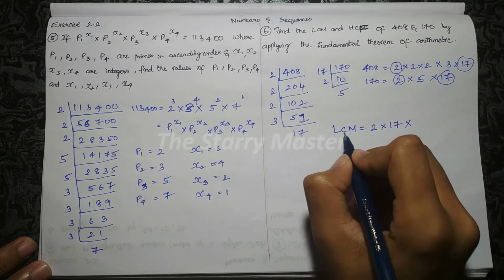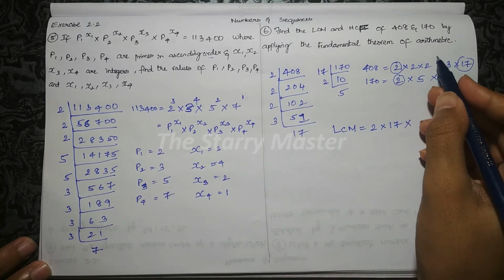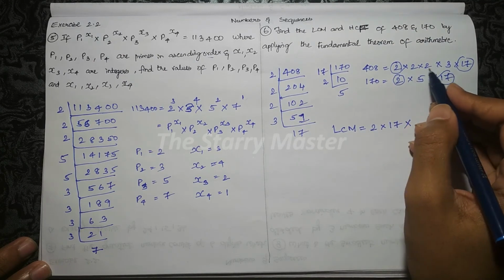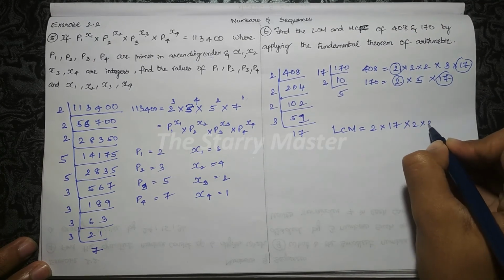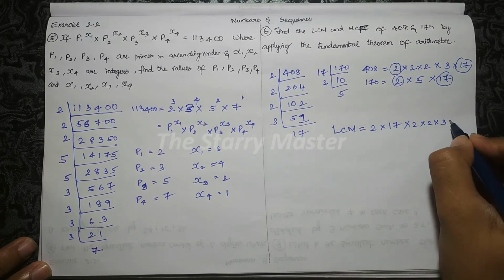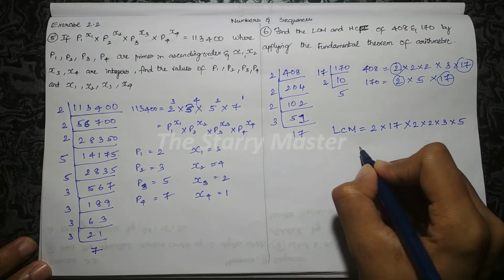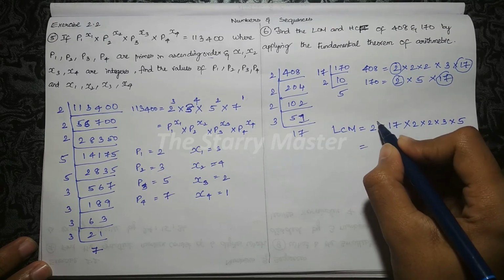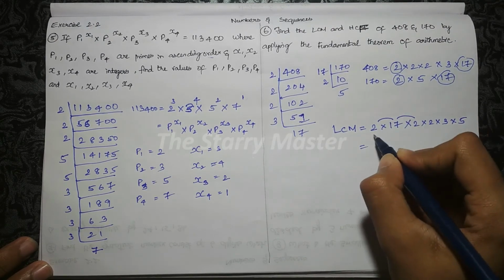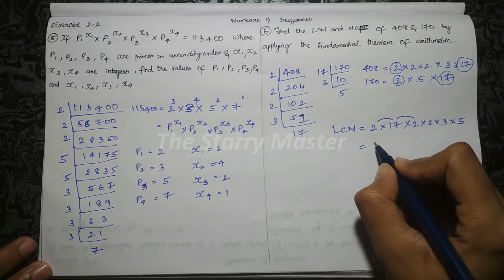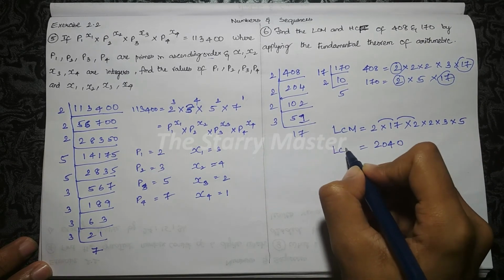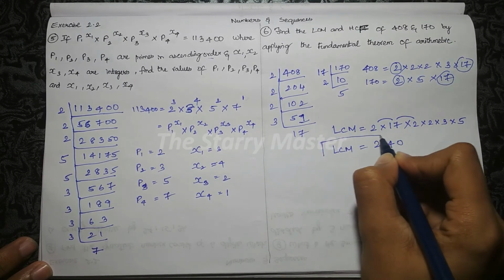For the LCM we also have to write all the values left out: 2 into 2 into 3 into 5. So the LCM is 2 into 17, 34, 34 into 60. We multiply all these values and we get 2040, which is the LCM we have found.